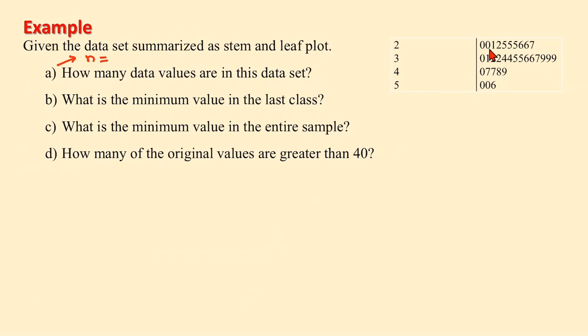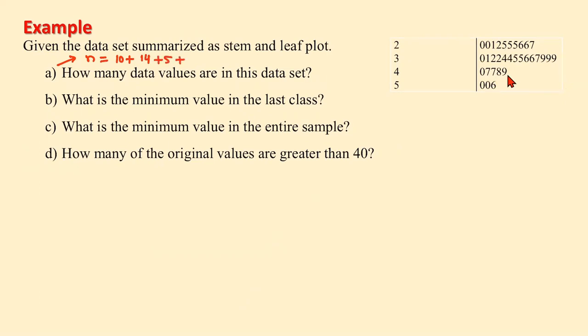So here you count 1, 2, 3, 4, 5, 6, 7, 8, 9, 10. So over here in the 20s, we have 10. Plus, similarly, you count here how many are there. So that should be 10, 11, 12, 13, 14. Plus 14. Similarly, here we have 1, 2, 3, 4, 5.